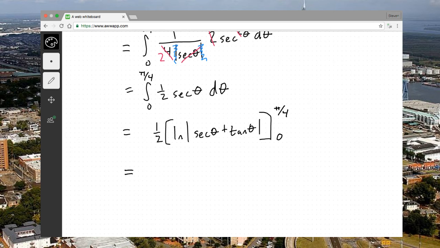So now I'll plug in the top minus the bottom. 1/2 natural log of secant of pi over 4 plus tangent of pi over 4, minus natural log of secant of 0 plus tangent of 0.